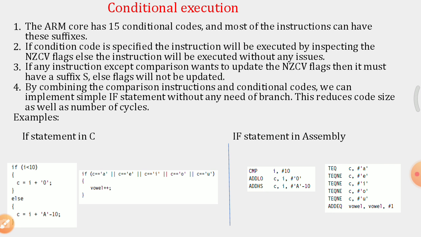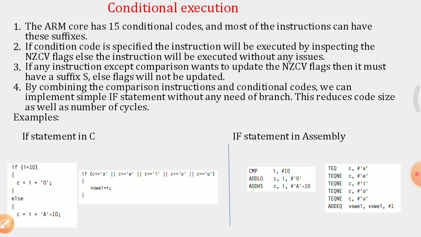Comparison instructions need not be appended with the S suffix, but other instructions that update the flags should have the S suffix. By combining comparison instructions and conditional codes with normal instructions, we can implement a simple if statement without any need of branching to other programs.